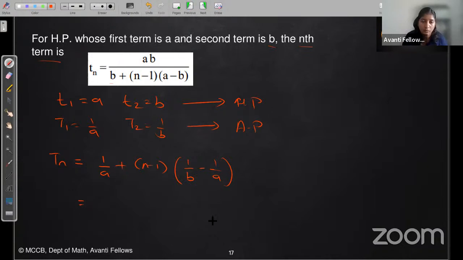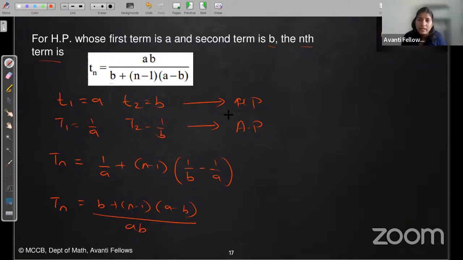When you compute this, we will get B plus (N minus 1) into (A minus B), divided by AB. So Tn is equal to this.